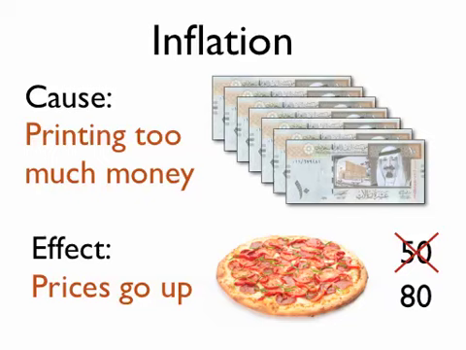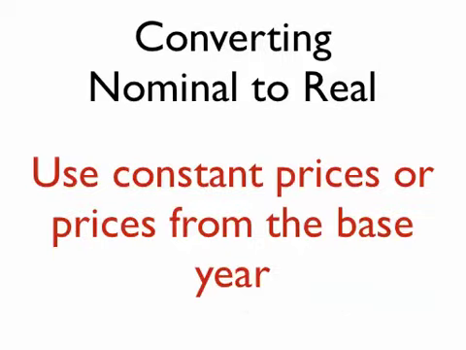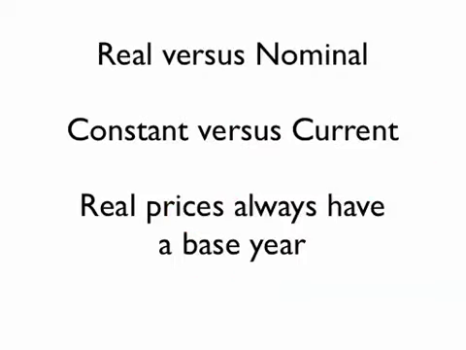This is important because we want to determine whether there has been a nominal increase, or in other words, just a price increase, or if there's been a real increase in GDP. So we have to convert nominal to real. In order to do that, we use constant prices or prices from a base year to actually compute what's happened to GDP.